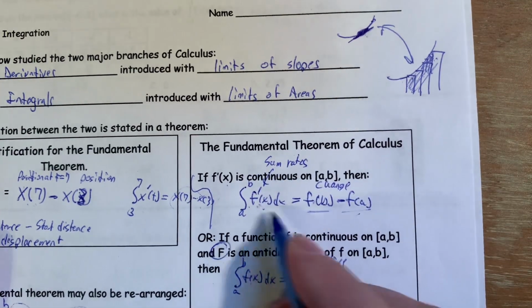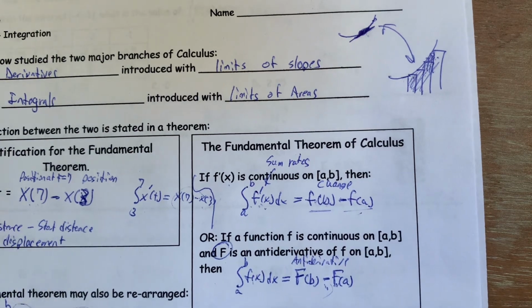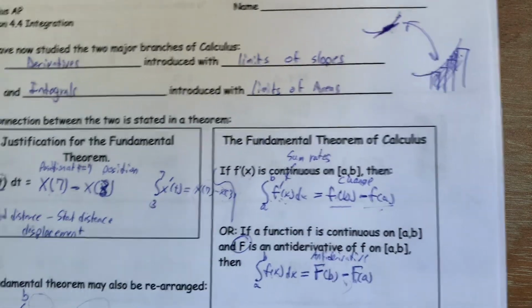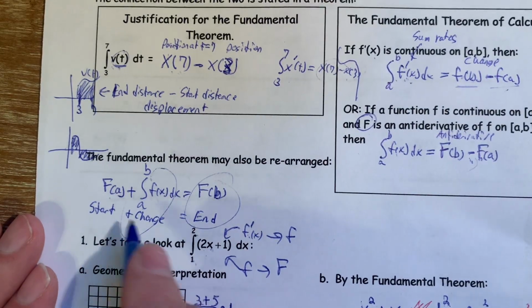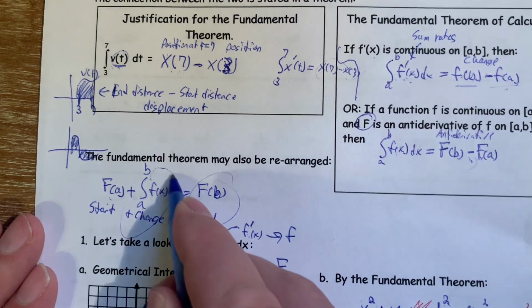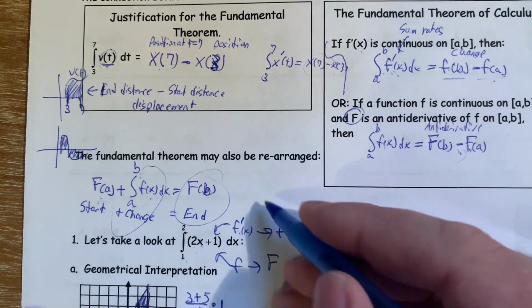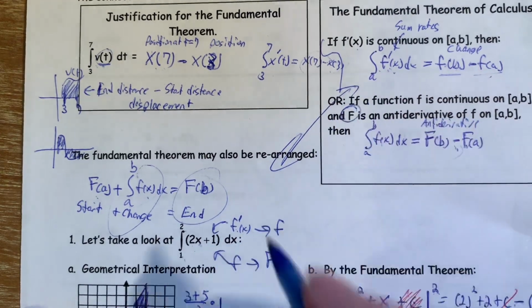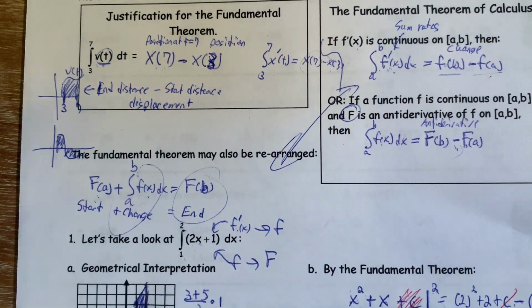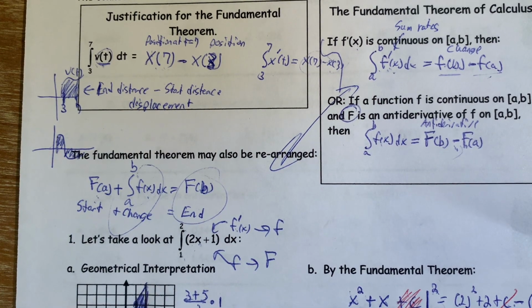If you add up all those rates, it tells you how much you changed by, and that should make some sense. Another way to rearrange that, of course, is if you know where you start and you know how much you change by, you can find where you end. Both of those come up, and you want to be very familiar with this. You should be able to write it down without looking at anything and understand it.